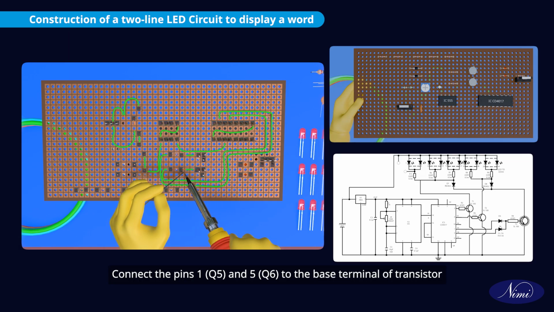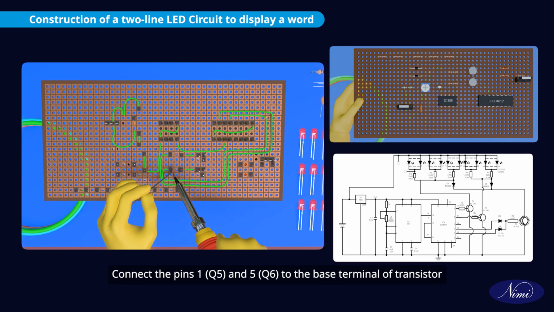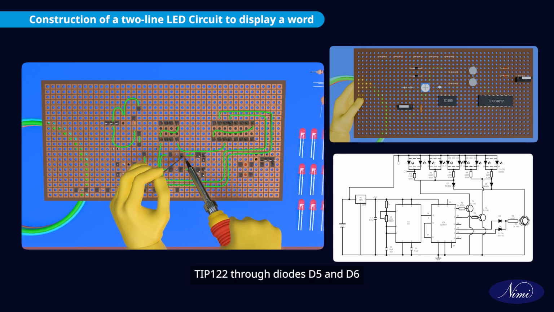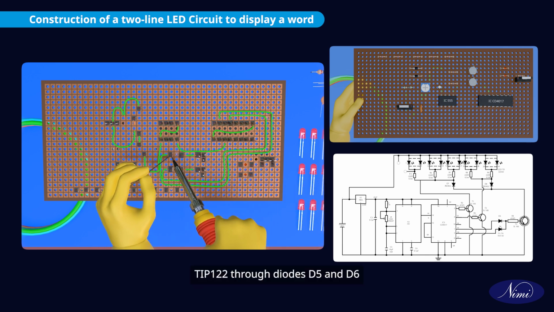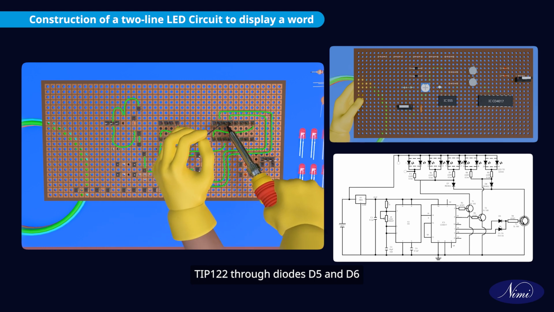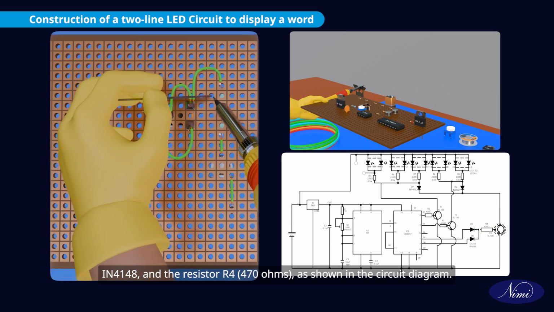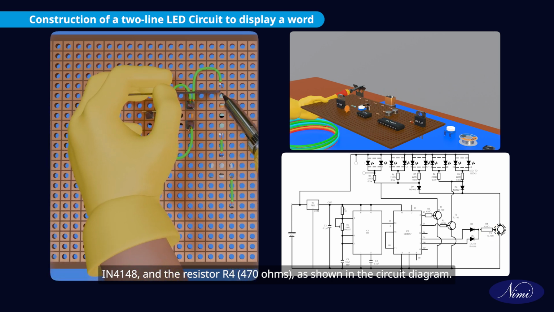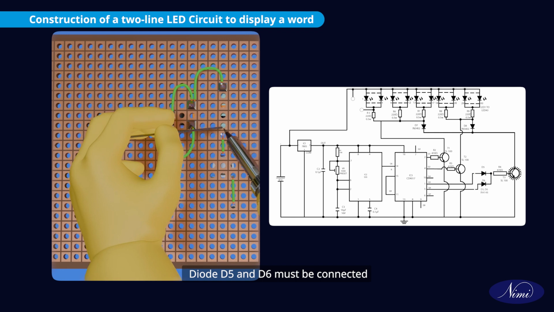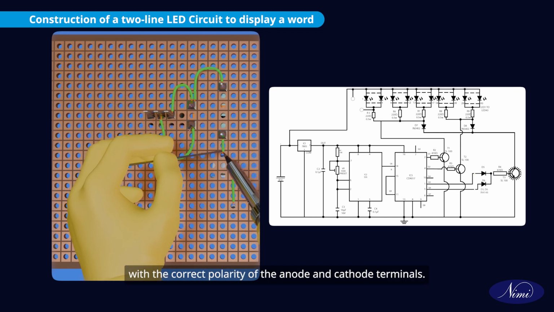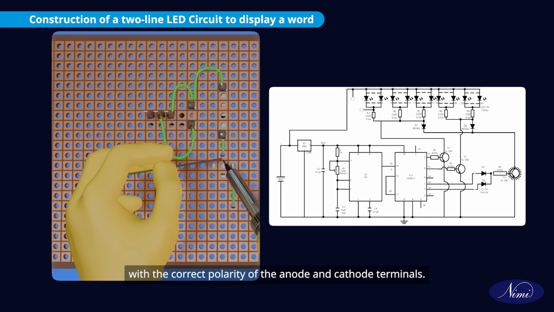Connect pins 1 Q5 and 5 Q6 to the base terminal of transistor TIP122 through diodes D5 and D6, IN4148, and the resistor R4 470 ohms as shown in the circuit diagram. Diodes D5 and D6 must be connected with the correct polarity of the anode and cathode terminals.